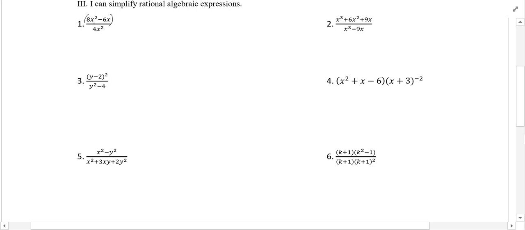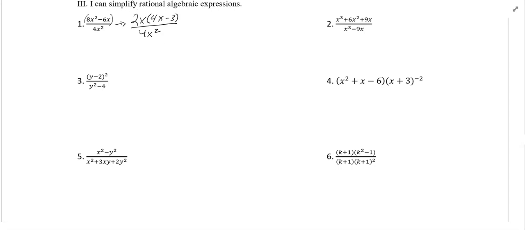So what we have to do here is we're going to factor out the greatest common factor, which in this case on the numerator is a 2x. So you're going to factor out a 2x, and so when you do that, you're left with 4x minus 3 over 4x squared. So now that you've factored out the greatest common factor, now you can go ahead and simplify what you have here.